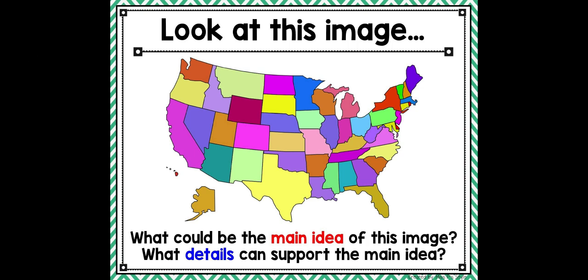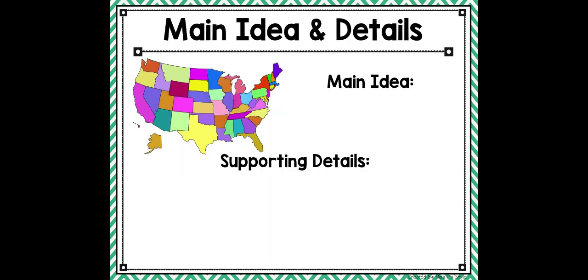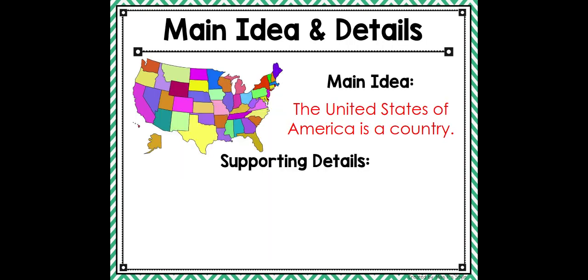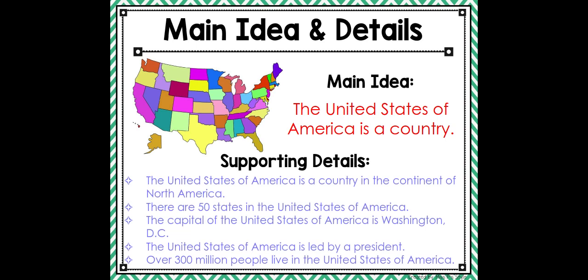What could be the main idea of this image, and what details can support the main idea? The main idea of this image could be that the United States of America is a country. And here are some possible supporting details.